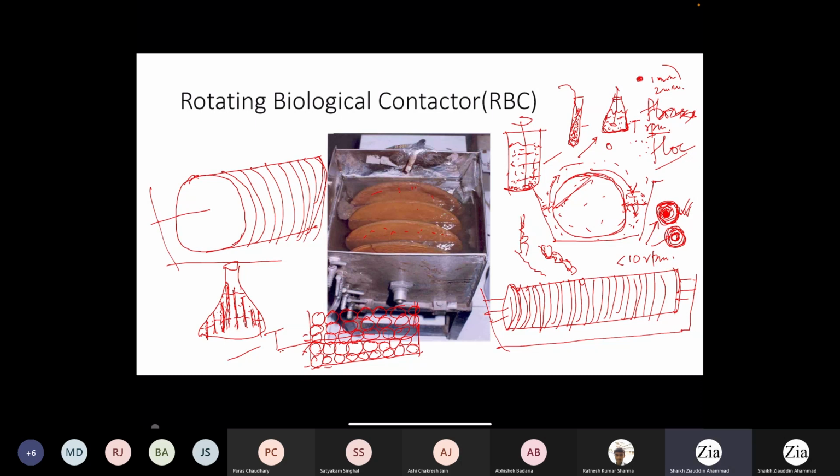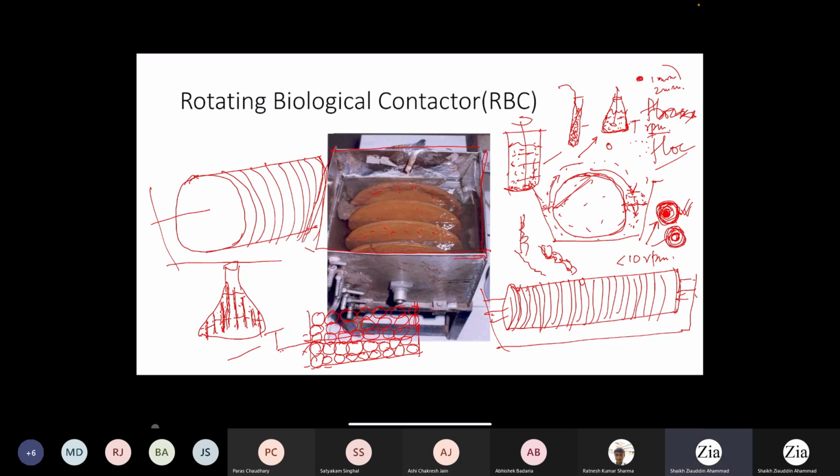So the rotating biological contactor is actually exposing the biofilm to the liquid due to periodic motion. Sorry, due to continuous motion, it will periodically get exposed to liquid and air. And when you use an anaerobic rotating biological contactor, instead of keeping this top portion open, you put another plate on the top to seal this section and restrict any entrance of external air.